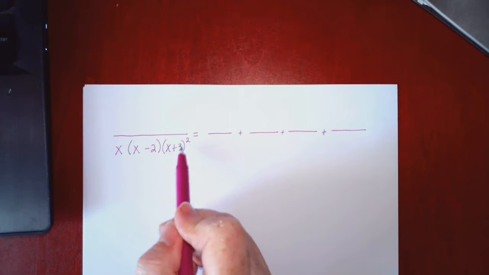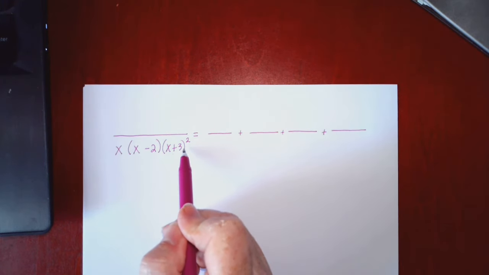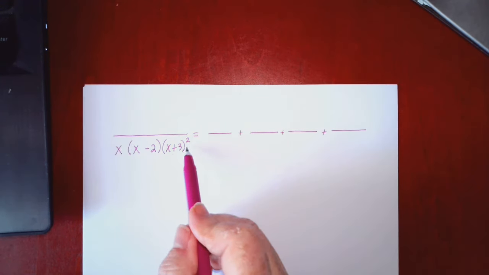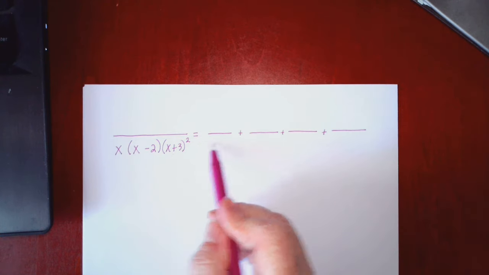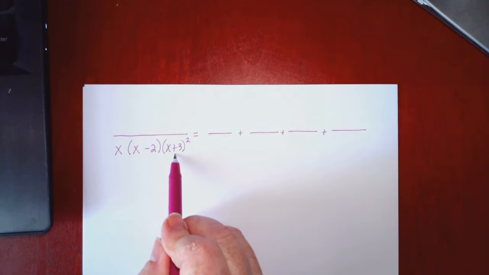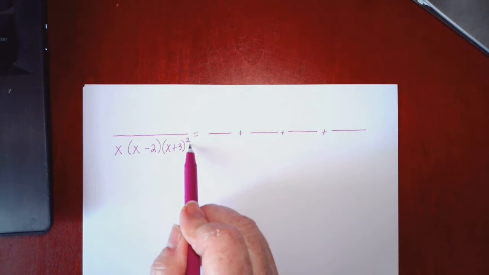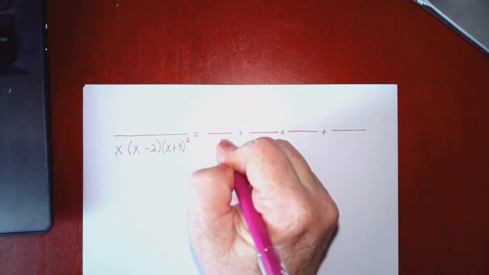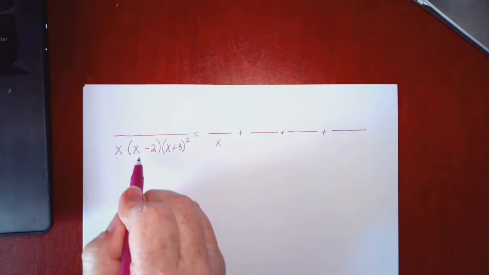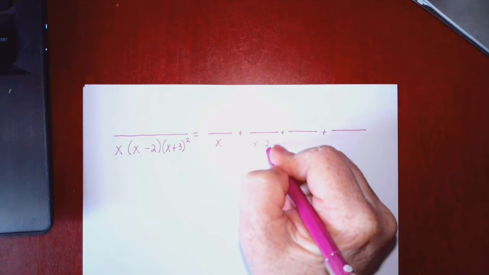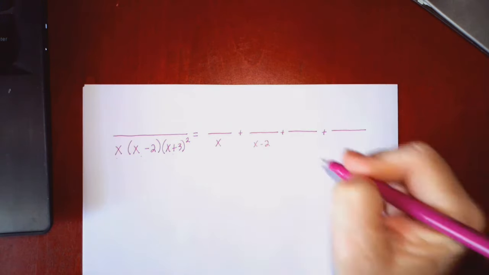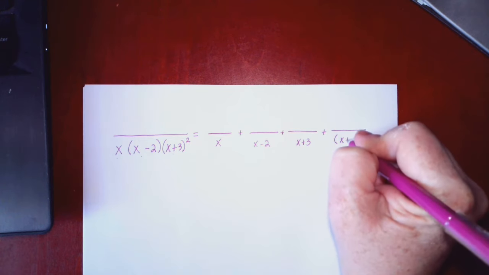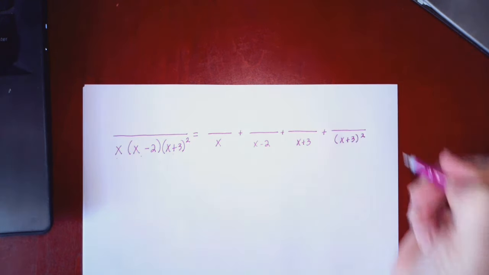So when you have fractions where the denominator has factors that are raised to a power higher than 1, you have to include a fraction for that factor all the way up to the highest power to which it's raised. So we would need one fraction with an x as the denominator, one fraction with an x minus 2 as the denominator, one with an x plus 3, and one with an x plus 3 squared.